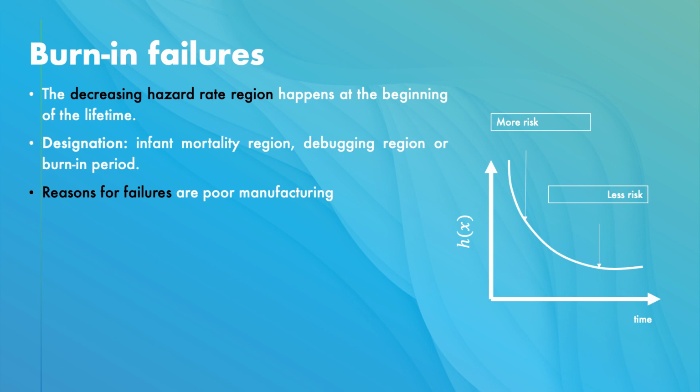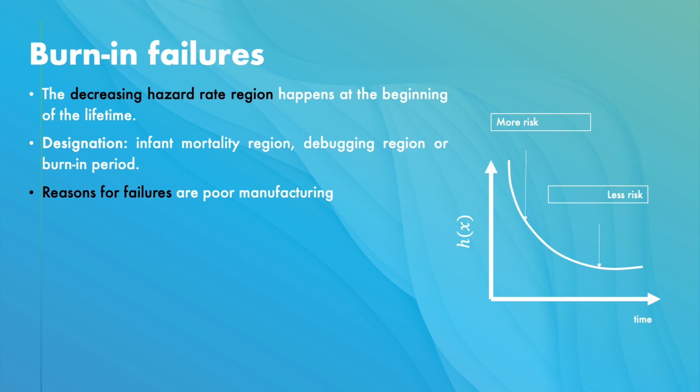Burn-in failures typically happen at the beginning of the lifetime of an equipment, and it's also called the infant mortality region, or the debugging region. Why do we call it debugging? Because usually you can do some burn-in testing to avoid these types of failures from happening with the client, or it's also called the burn-in period for the same reason.